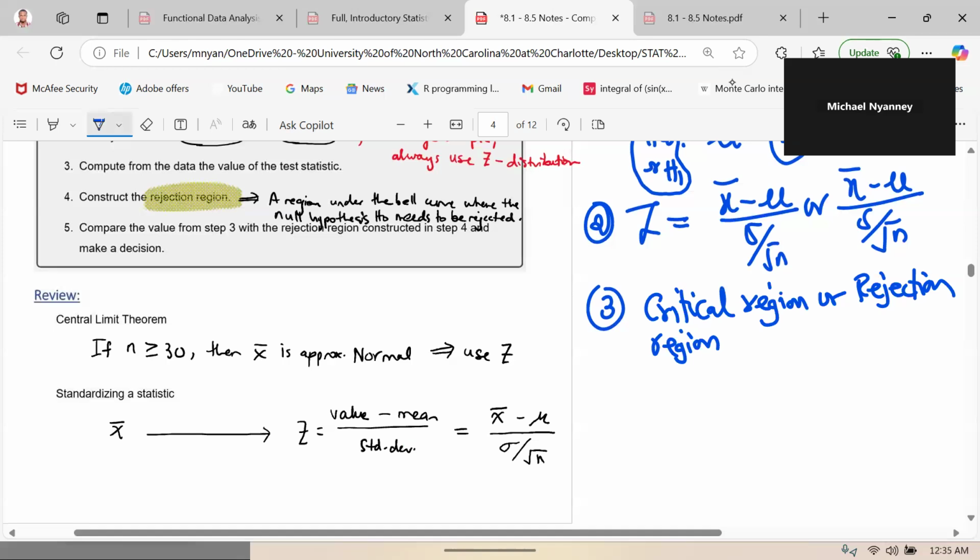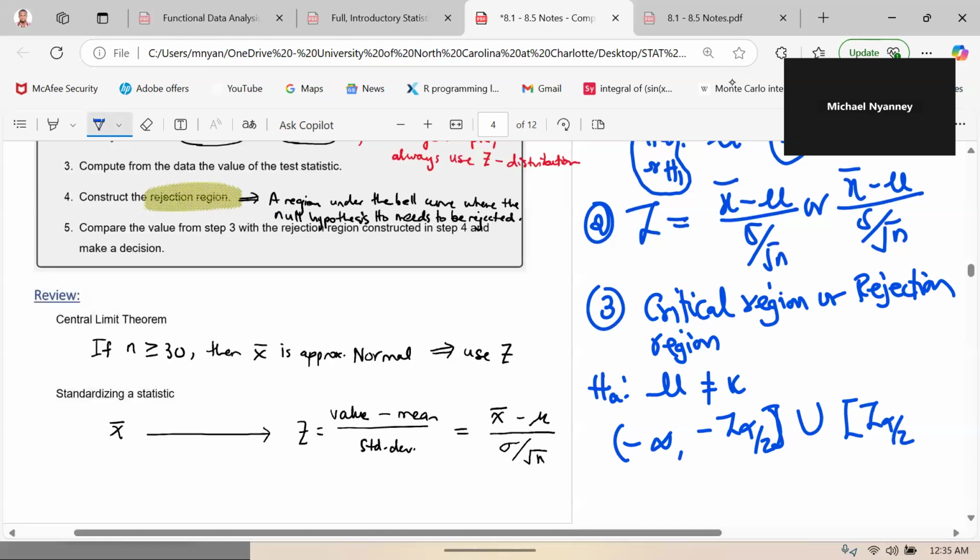So we determine the critical region based on the HA, where we are going. So if under the HA we are using mu not equal to some value that we don't know, then we either go this direction from minus infinity to minus Z alpha over 2, union, then we pick from Z alpha over 2 to positive infinity. Okay, this is one of it.